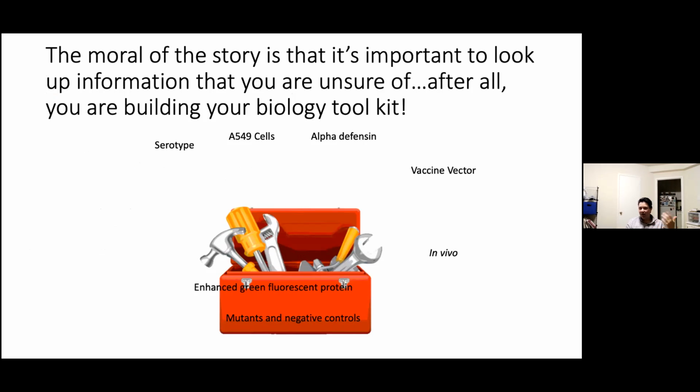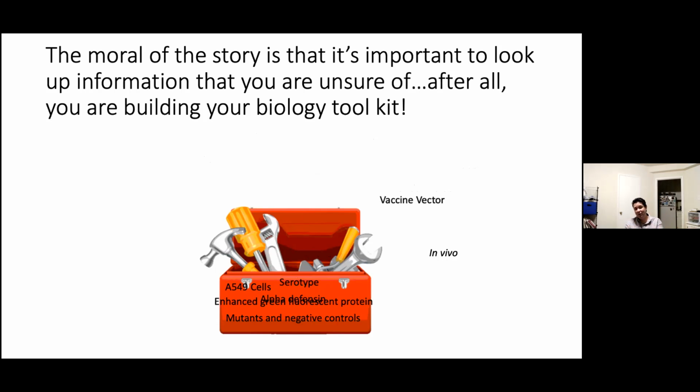We learned what that acronym stands for: enhanced green fluorescent protein. We know what a serotype is, at least in the context of adenovirus. We know A549 cells are a permissive cell line for adenoviruses. Alpha defensins, we have a pretty good understanding of what defensins are. We know a lot about vaccine vectors with adenoviruses because we looked at a review manuscript. And we've also had a simple definition of what in vivo means.